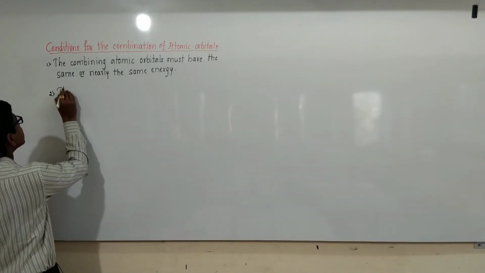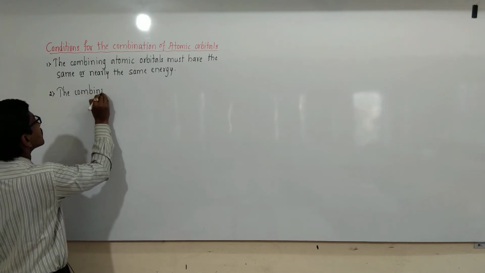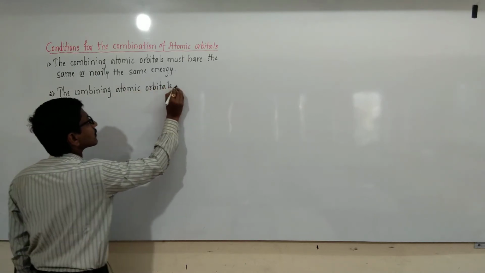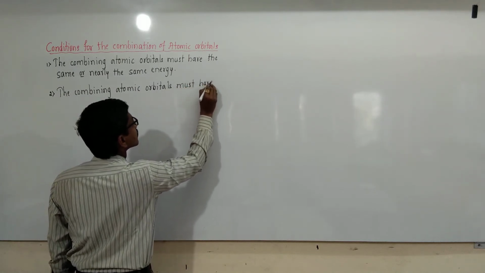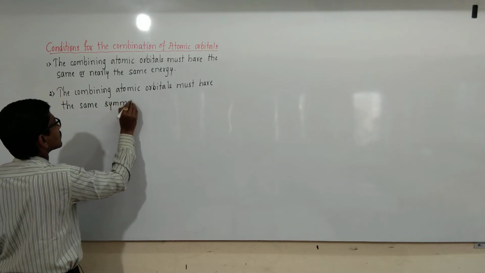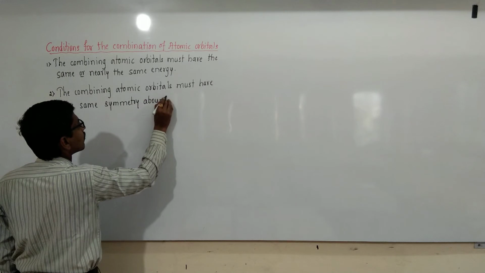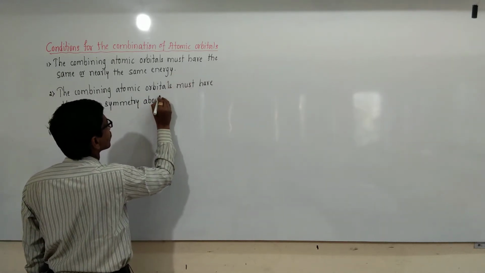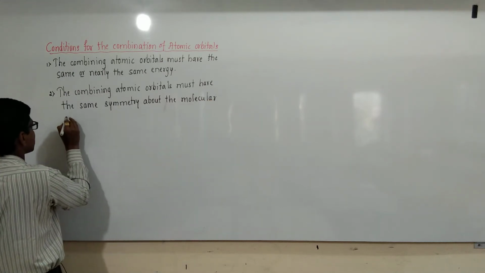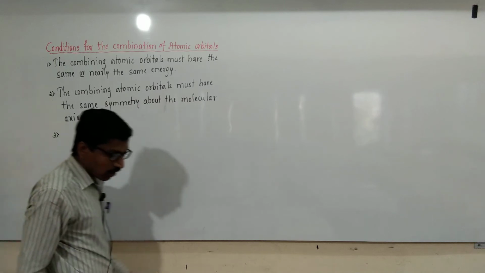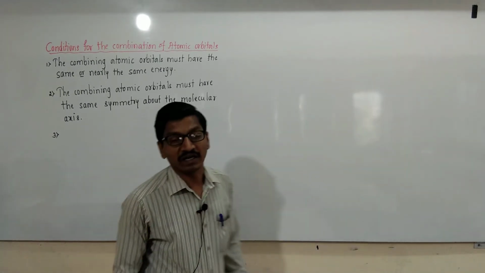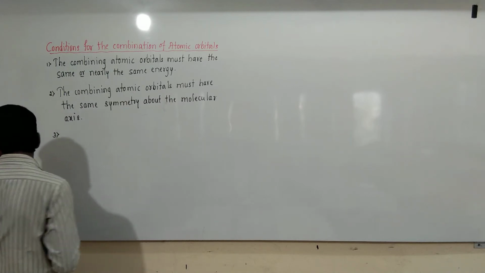The combining atomic orbitals must have the same symmetry about or around the molecular axis.